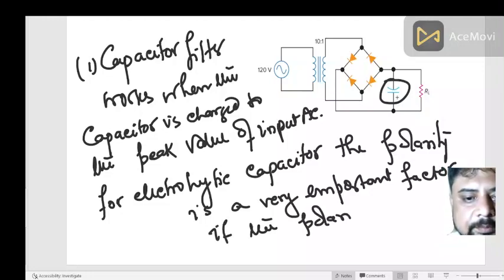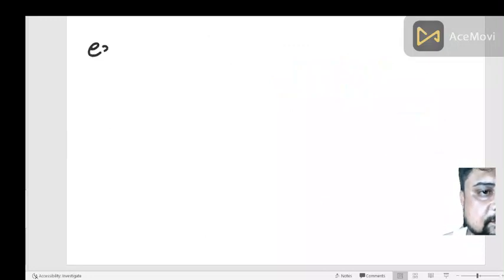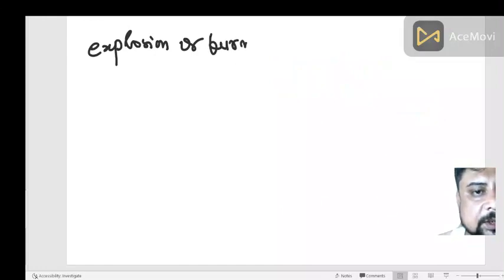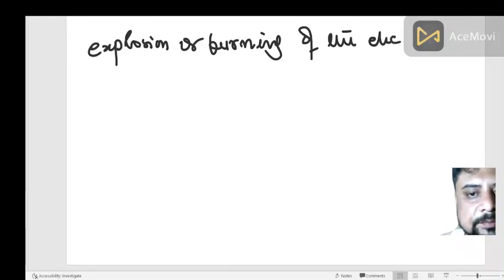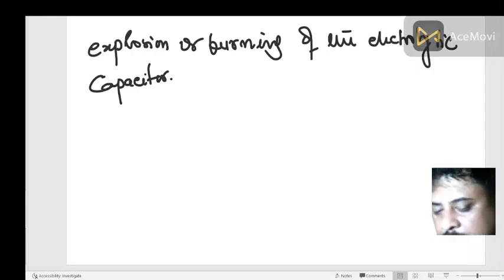If the polarity is not proper, there can be explosion or burning of the electrolytic capacitor.